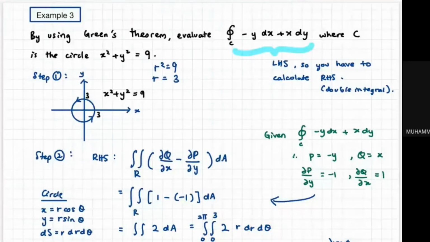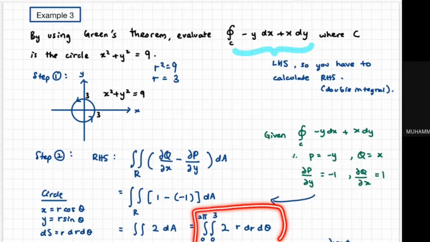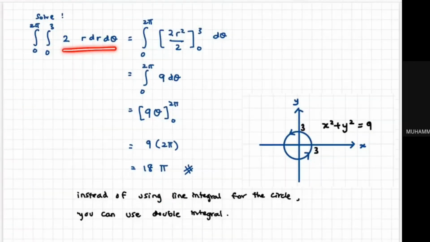So you get 2 dA from this value. The limit for r is from 0 to 3, r dr, and d theta, limit for theta is from 0 to 2 pi. Full circle is equal to 2 pi, 360 degrees. So 2 r dr d theta.